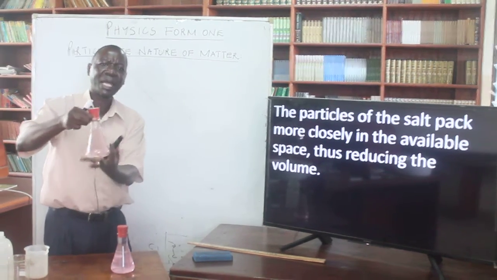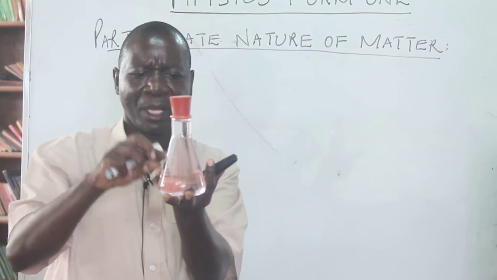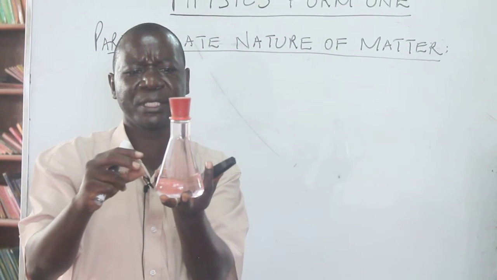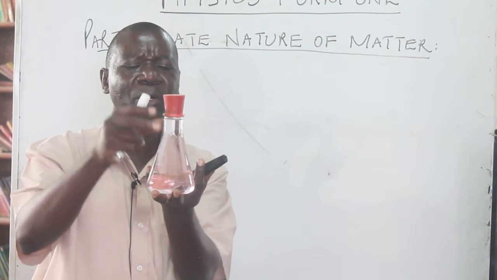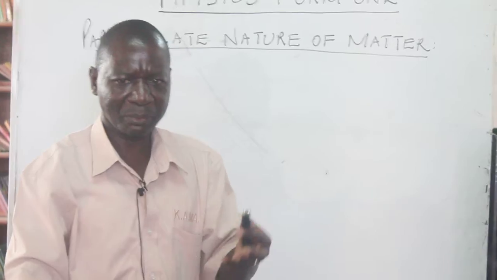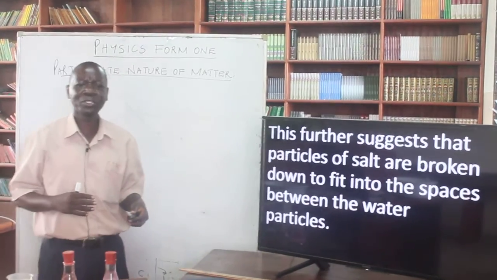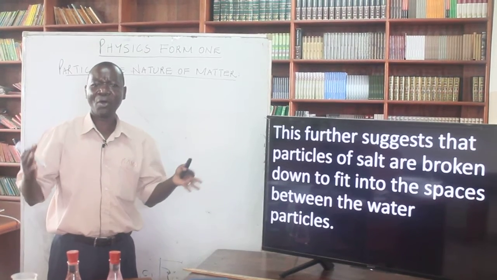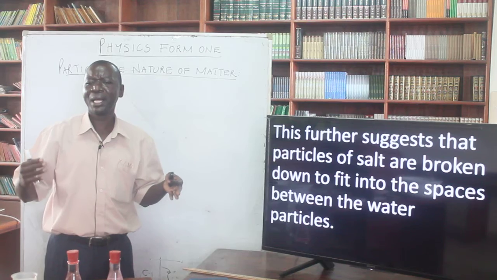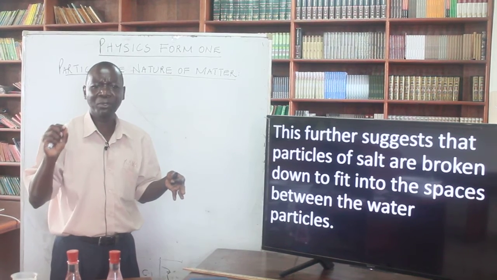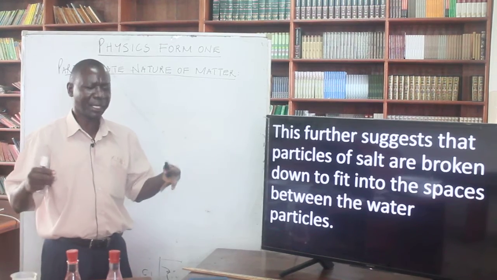So the volume slightly reduces because the salt particles have fitted themselves into the spaces that are between the water molecules. This further suggests that the particles of salt are broken down into smaller and smaller particles that will be able to fit into the spaces between the water particles.